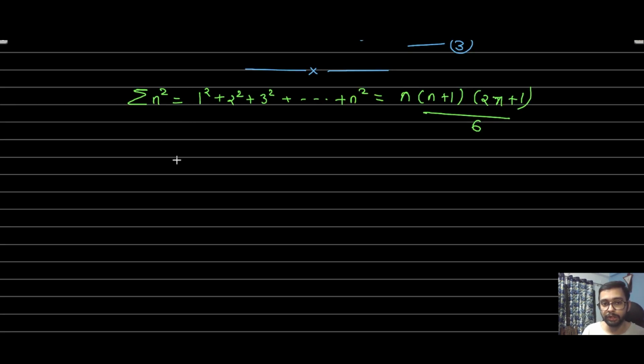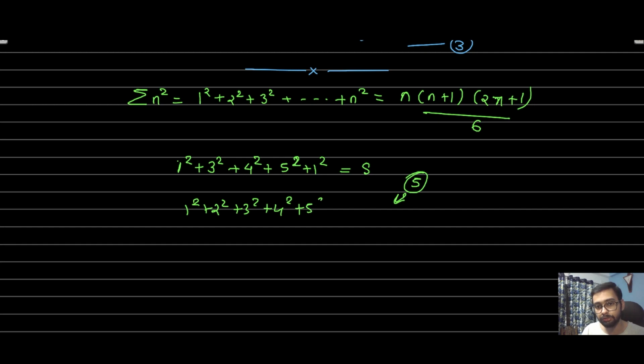Following the previous step of adding the array elements, we now add the squares of each and every array element: 1 square plus 3 square plus 4 square plus 5 square plus 1 square, that will be S. The sum of n natural numbers up till 5 will be 1 square plus 2 square plus 3 square plus 4 square plus 5 square, that will be Sn square.